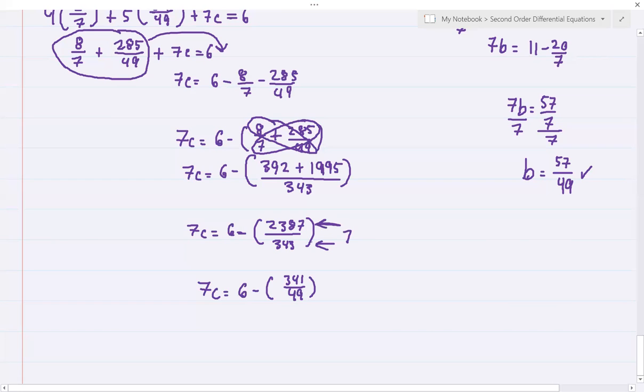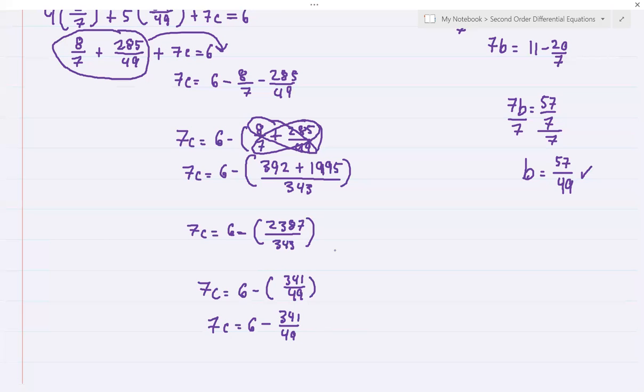So we can simplify from 2,387 and 343 to 341 and 49. So we can now have 6 minus 341 all over 49. It's actually long, right? But that's the only way to get your C value, guys.